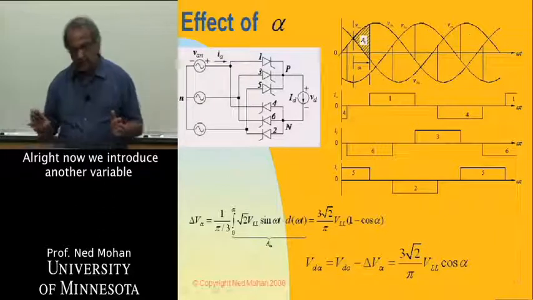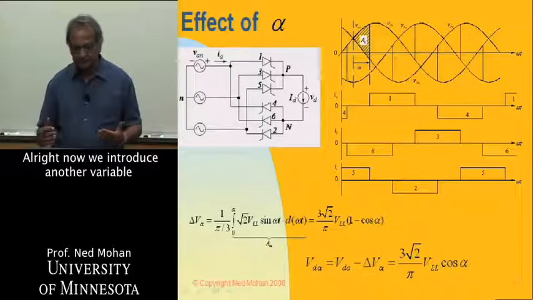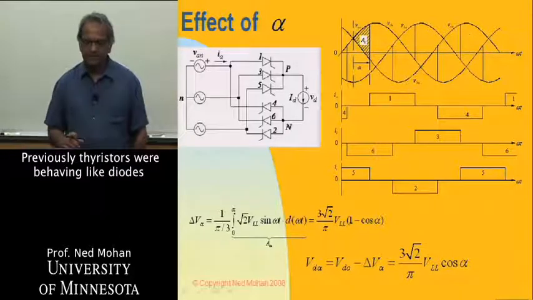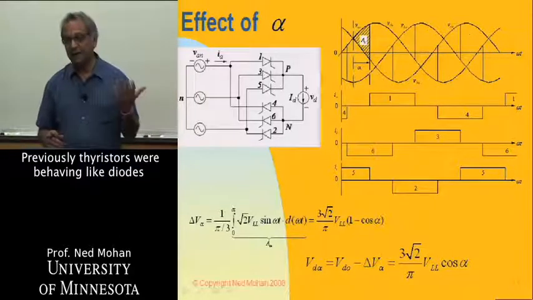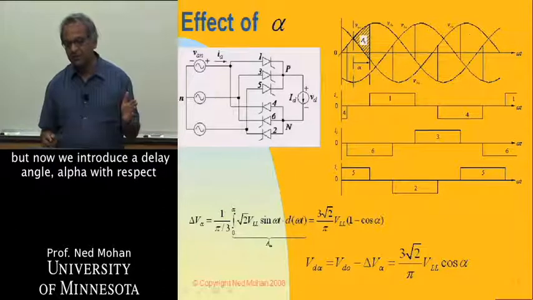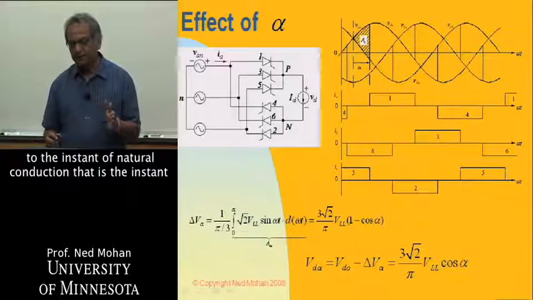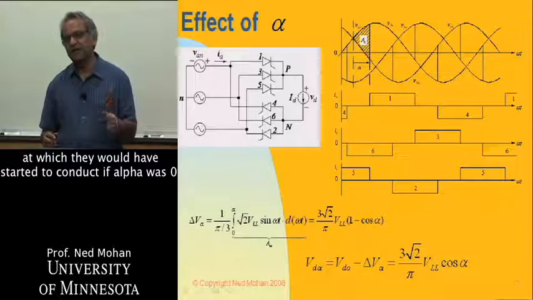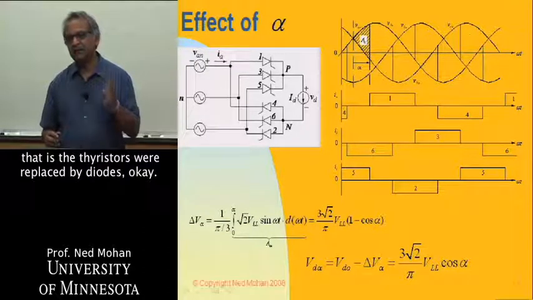Now we introduce another variable, which is the delay angle alpha. Previously, thyristors were behaving like diodes, but now we introduce a delay angle alpha with respect to their instant of natural conduction. That is, the instant at which they would have started to conduct if alpha was 0, that is, if the thyristors were replaced by diodes.